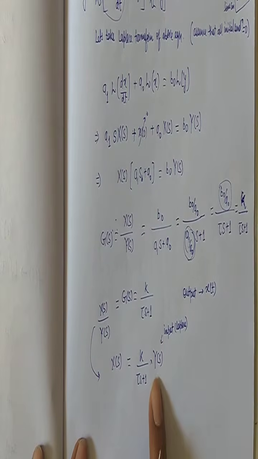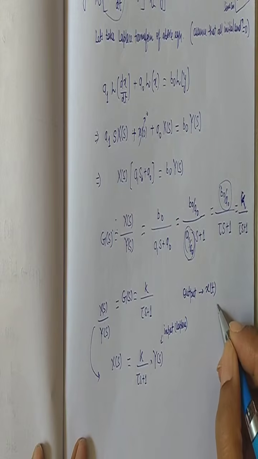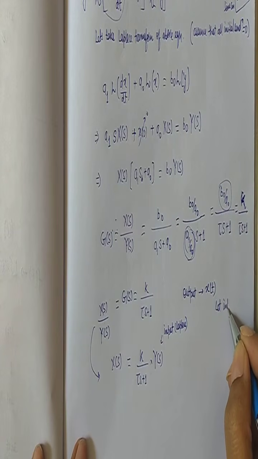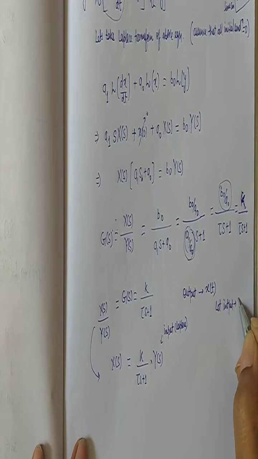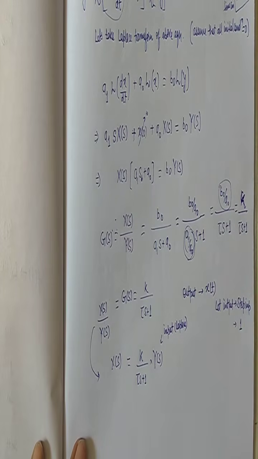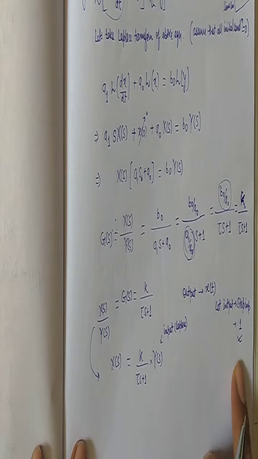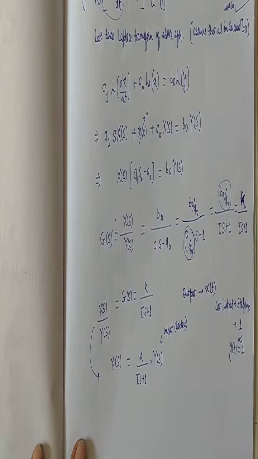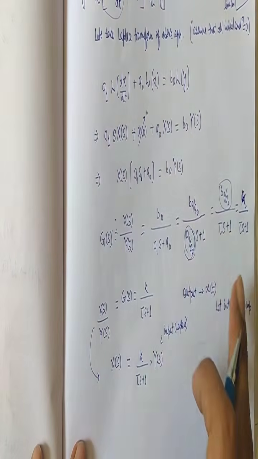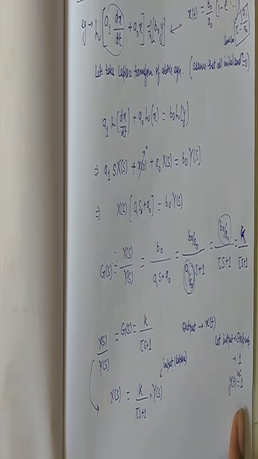So let's also assume that my input was a step input of value 1. Okay, constant value 1 I have supplied. So essentially y(t) I have supplied as 1.